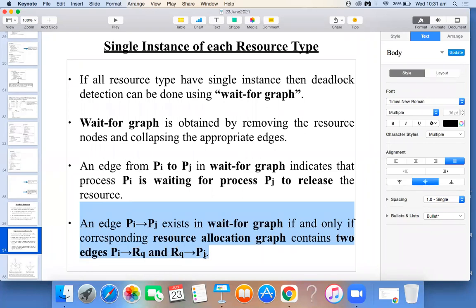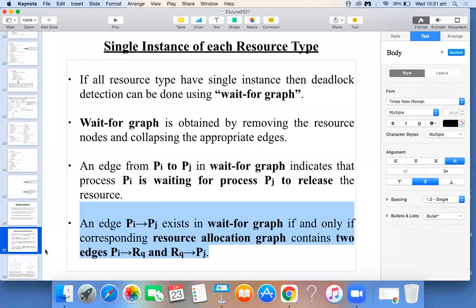If you have those edges in the resource allocation graph, then you can easily convert them in your wait for graph into Pi to Pj. So that's what that indicates. Clear with this? So this is just a general introduction.